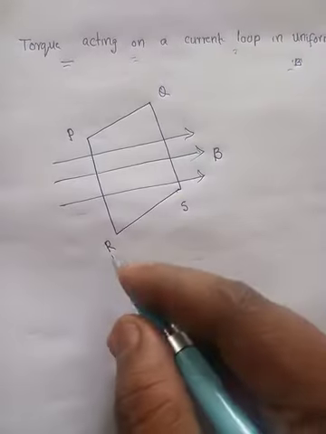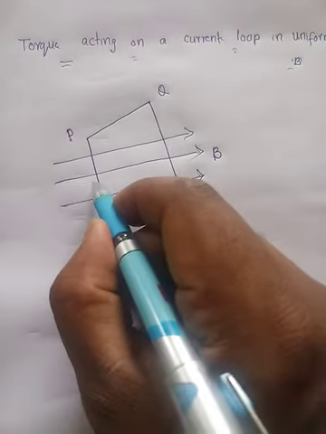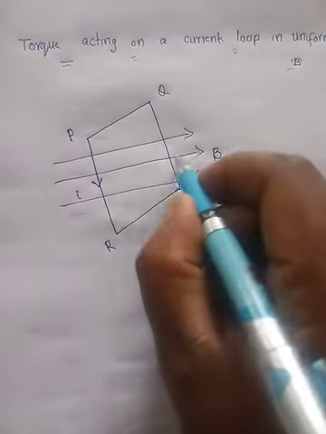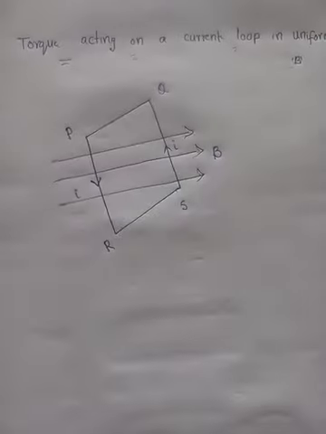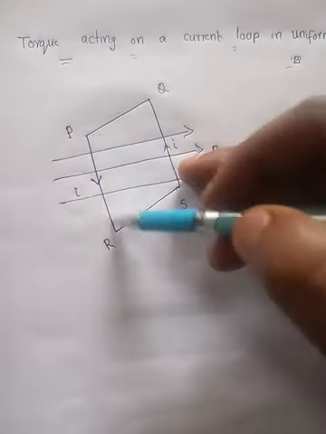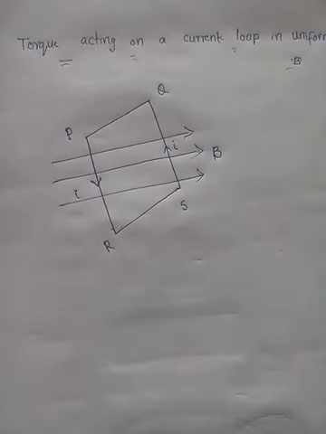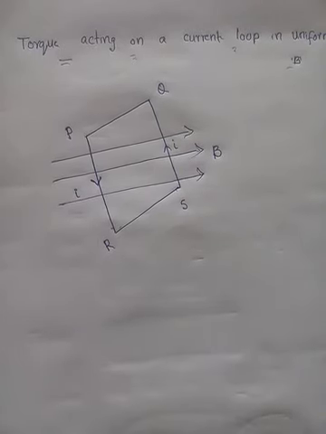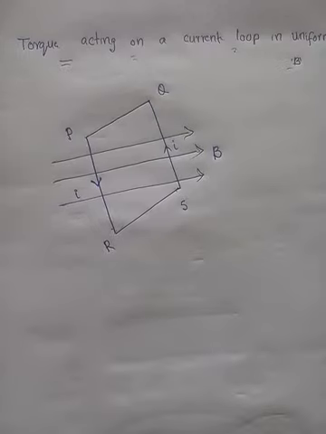Current is flowing in the loop in anti-clockwise direction. So now each side acts as a current carrying conductor. It is placed in magnetic field, so it experiences force.